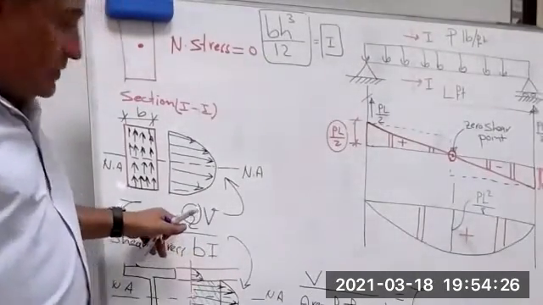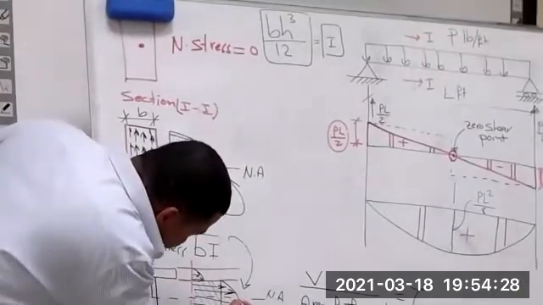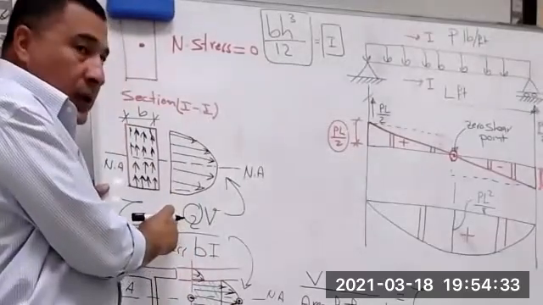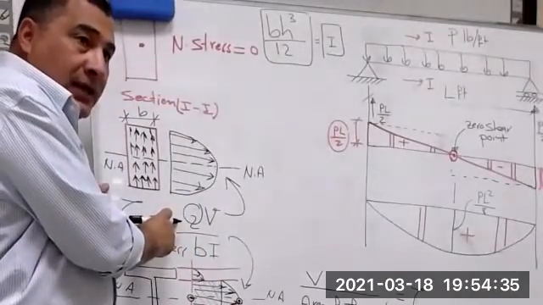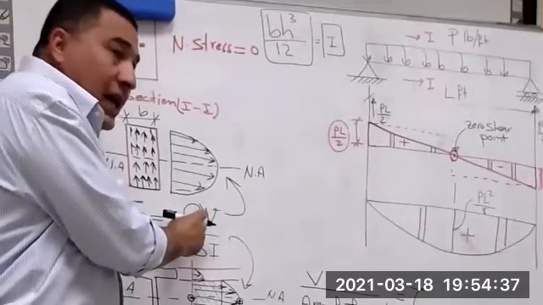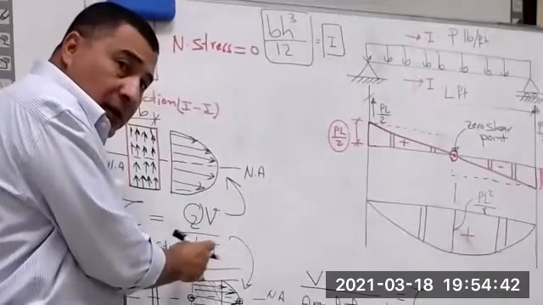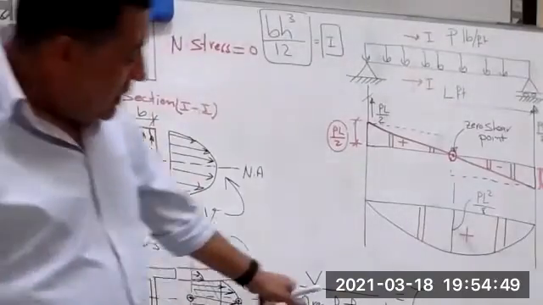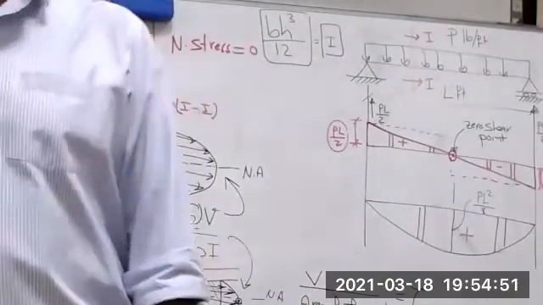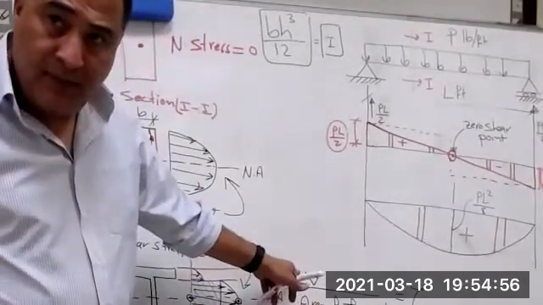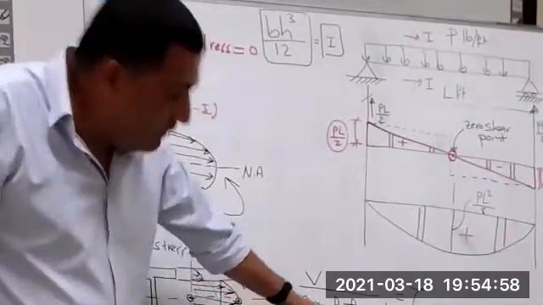The maximum, from this point to this point, is Q, the statical moment of the section, multiplied by V, the maximum shear force, divided by I t. Second one, the average: tau average in the standard I-beam equals the shear force divided by the area of the web.